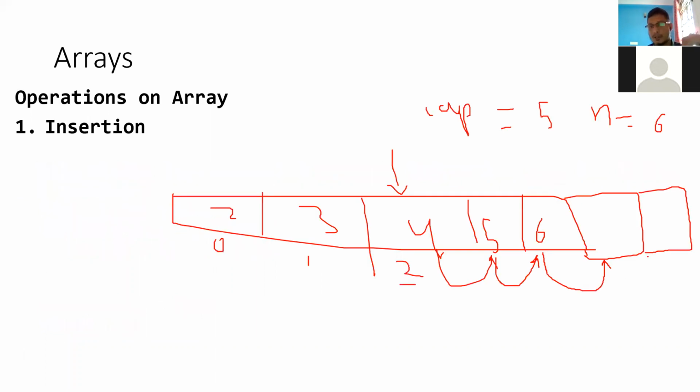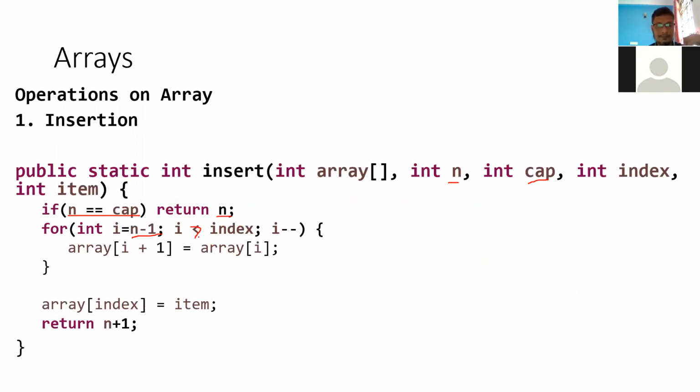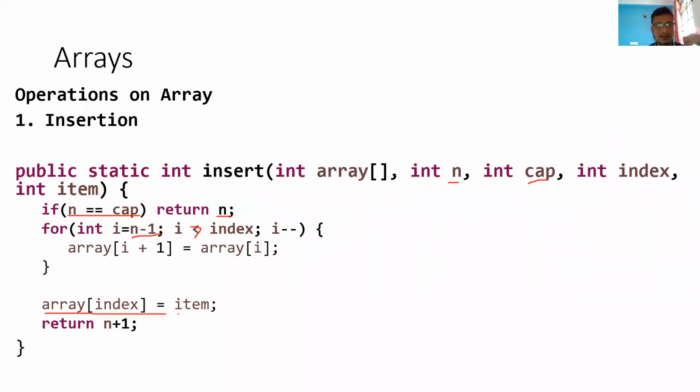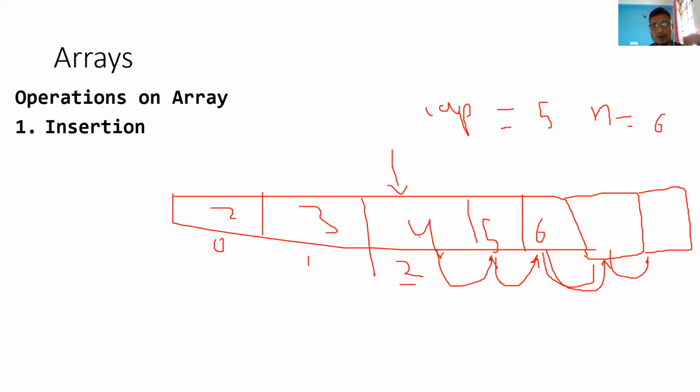I'm copying this element here, this element here, this element here, until you hit the scenario where i is not greater than index. So i becomes 3 here, so you stop here. So i becomes 2, you stop here, right? You don't copy further. And then the last element to be copied is the one you want to copy here, right? For example, in this case, you want to copy a new element here. So once this slot is free, you copy there.